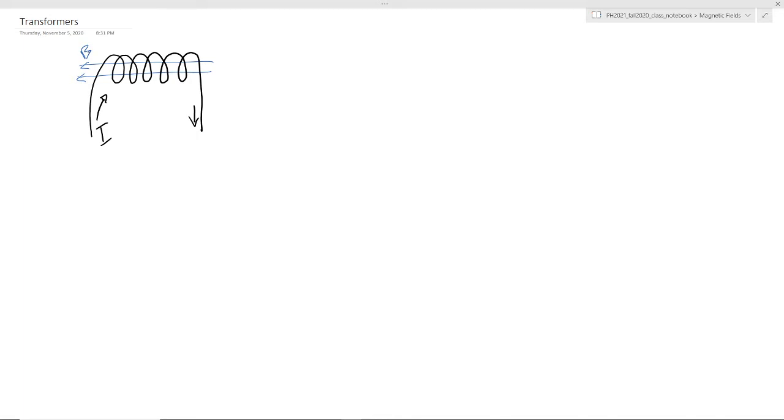And we came up with the expression for that magnetic field: it's equal to mu times, sometimes you see this as mu times little n, where little n is the number of turns per length, but we're just going to leave it as number of turns per length times the current. So if you increase the current, you increase the magnetic field. If you increase the number of turns, you increase the magnetic field, etc.